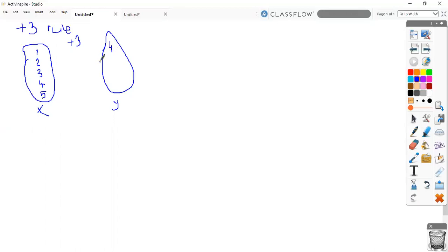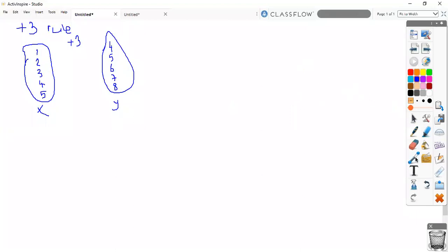Yes. 2 plus 3? 5. 3 plus 3? 6. And 4 plus 3? 7. And 5 plus 3, it will be 8. Now here what we did, using the rule, instead of x we gave some values, we applied the rule and we got the y, the result.